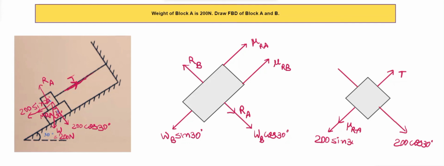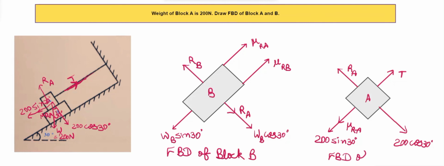Then in the upward direction, we'll show the reaction, which is RA. Inside we'll just write A, and here B. And below the diagram, we'll write free body diagram of B. And here is the free body diagram of block A.